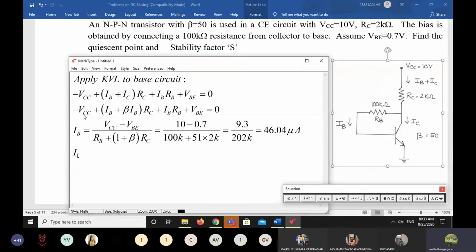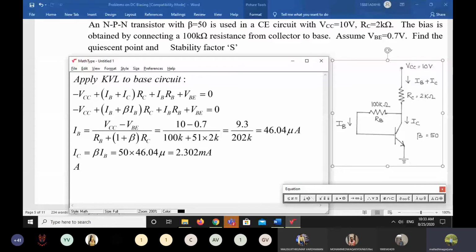From this, IC is equal to beta times IB, 50 into 46.04 micro, equal to 2.302 milliamperes.